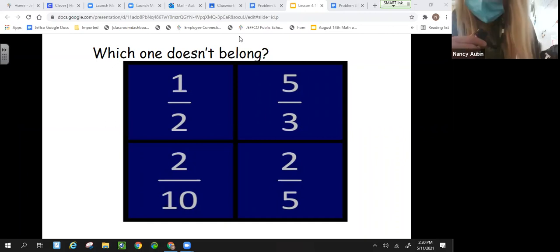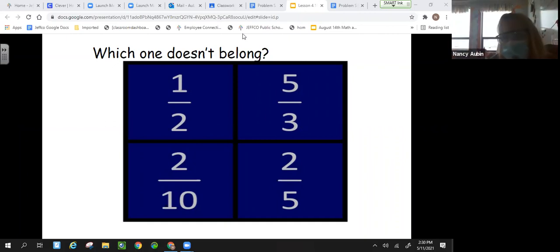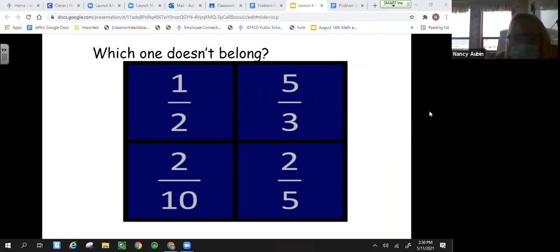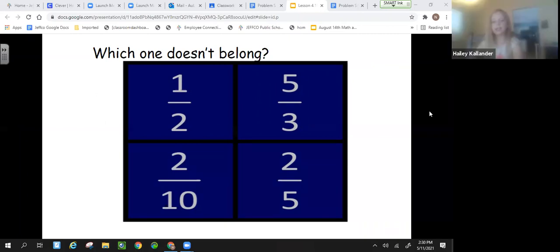All right. Any ideas from my friends at home? Haley, what do you think? 1/2. Why do you think 1/2 doesn't belong? Because his section is only a quarter and not a half, so it's too much.